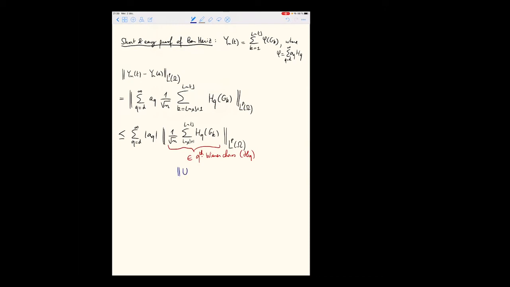And each time you have a random variable, let me call it U, in H_q, you can bound the L^p norm by hypercontractivity. So this is a hypercontractivity property.